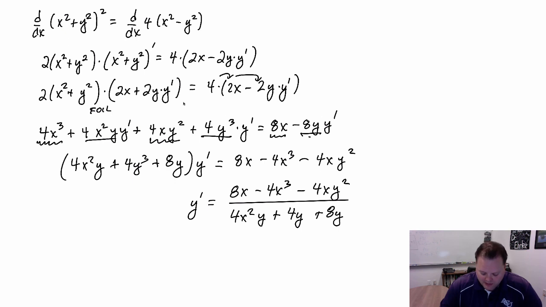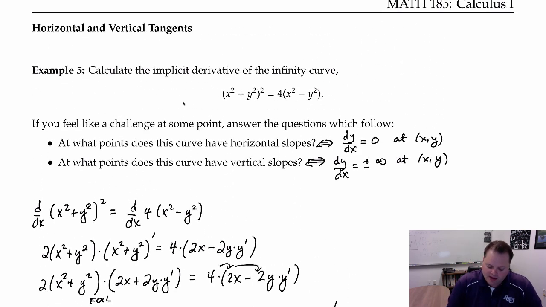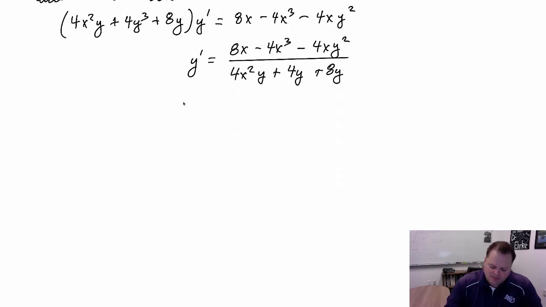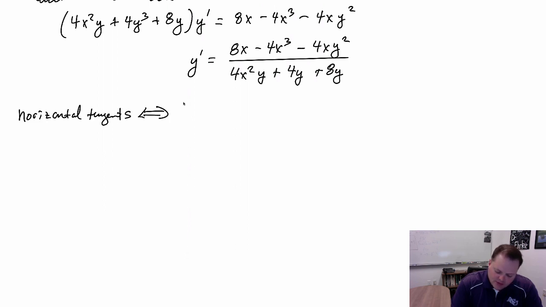It is kind of difficult to sort through there, but I'm only interested in points where the derivative has horizontal slopes or vertical slopes. So let's start with horizontal. You get horizontal tangents if and only if the derivative is 0, which this derivative is 0 if and only if the numerator is 0.